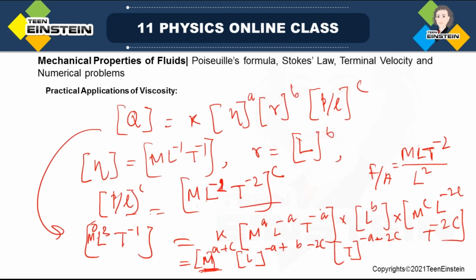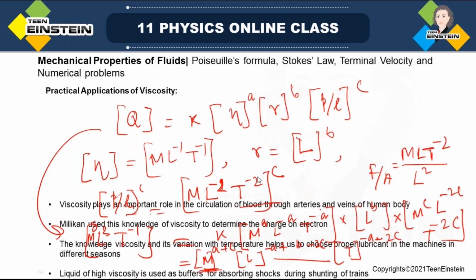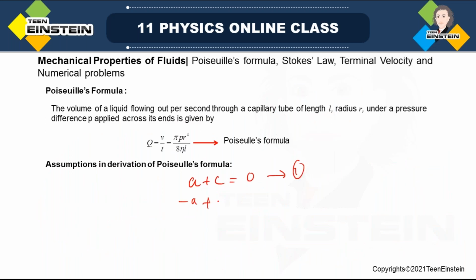Then from here L is equal to 3. So minus a plus b minus 2c is equal to 3. This is another equation.